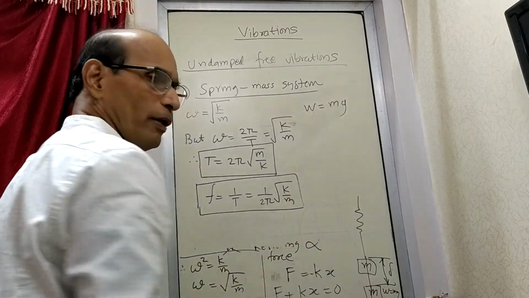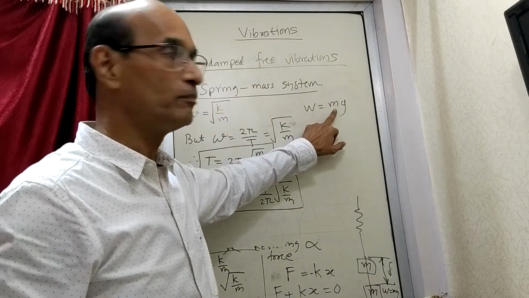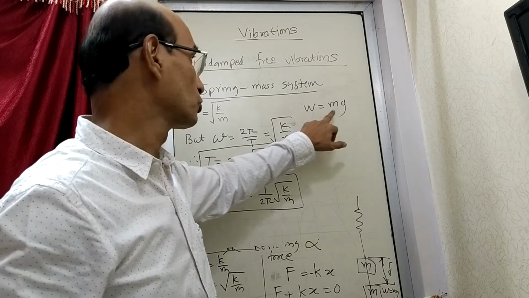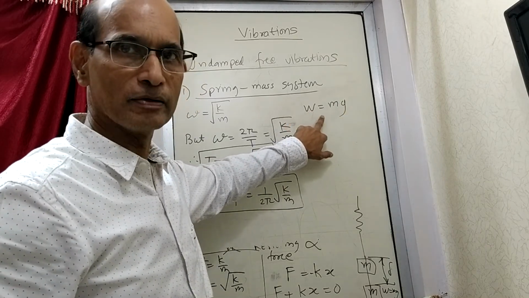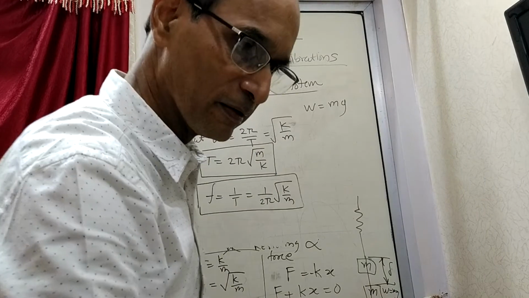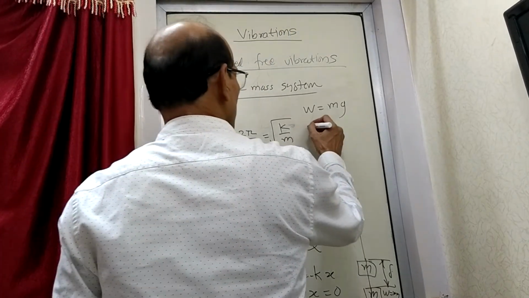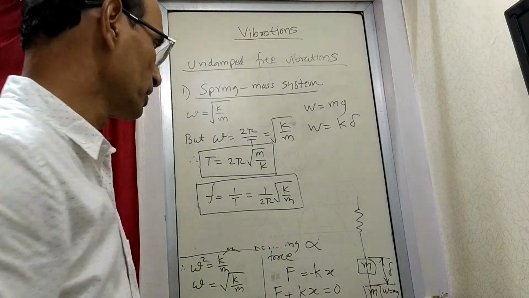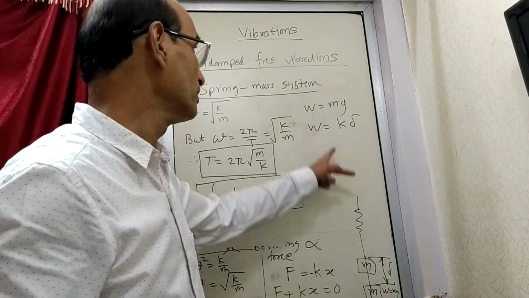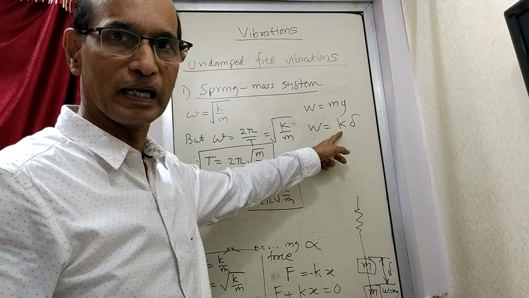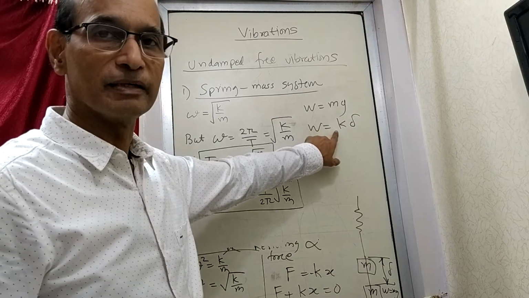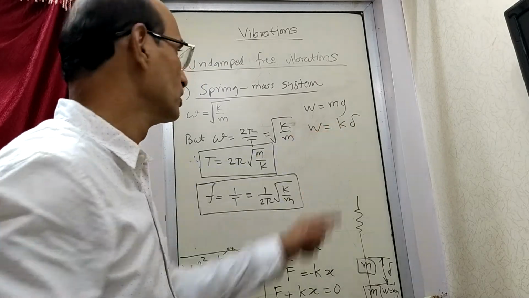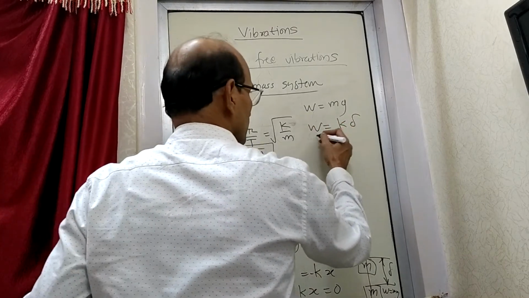So W is the weight because of this mass m and gravity g. So this is what we have initially applied. So W is mg, and at the same time we say that W is k delta. Because of this force, it is deflected. k, delta and W are related like this, which we have seen earlier. k is stiffness, load upon displacement.